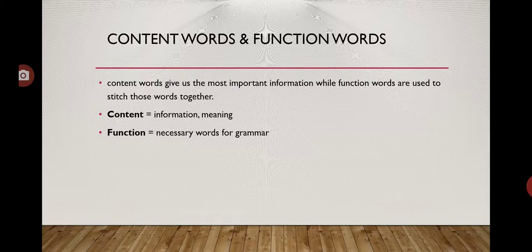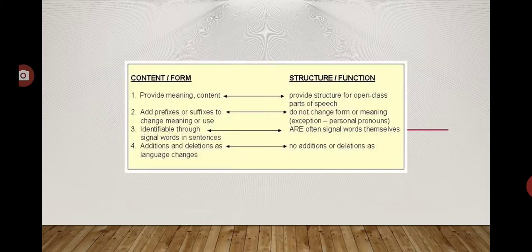And again, in the next slide, you can understand content form or structure or function form. In the content part, first you can read: provide meaning, add prefixes and suffixes to change meaning or use, identifiable through signal words in sentences, additions and deletions as language changes.